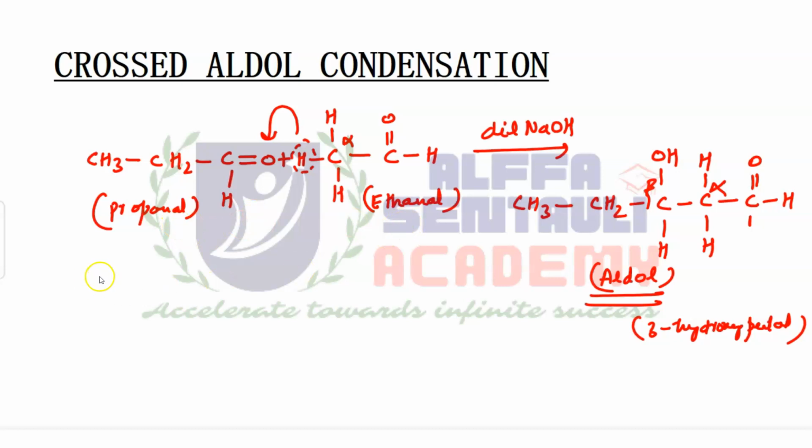Now it may happen that the alpha hydrogen of this propanal is getting combined with the carbonyl group of this ethanal, in reverse manner. So let us take ethanal in this way, this is ethanal plus a compound like this.